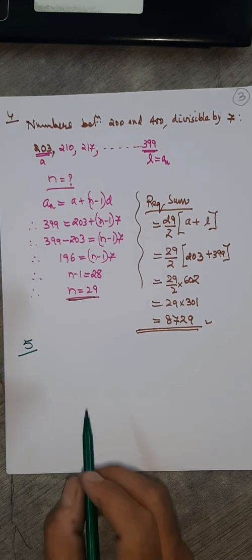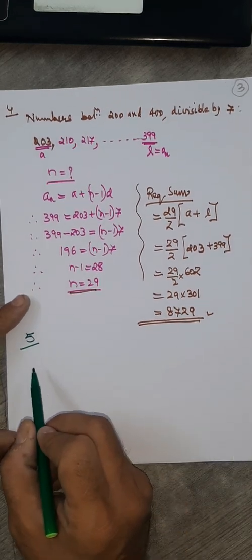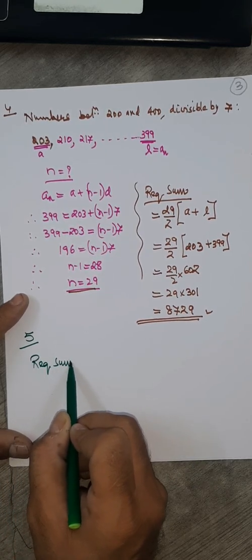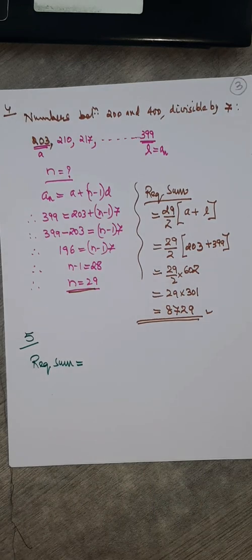Okay, so let me write here, required summation. Required summation means what? Sum of all the numbers from 1 to 100 which are divisible by 2 or 5.